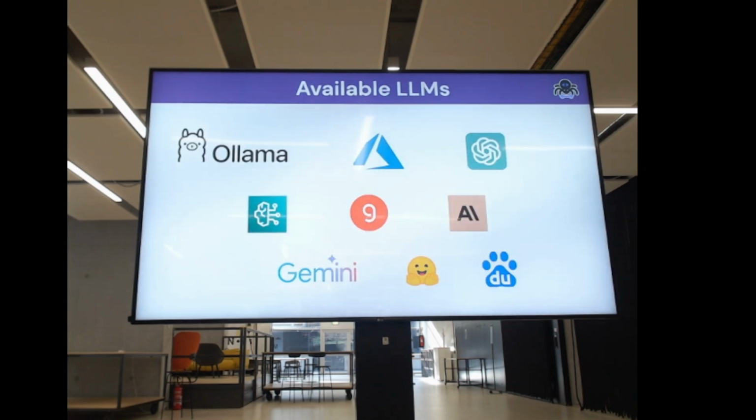So these are the available large language models that the library uses, which are from Azure, OpenAI, AWS, Groq, Gemini, I don't know if you know some of them. Also, Ollama is a provider of large language models that don't need the internet to use.